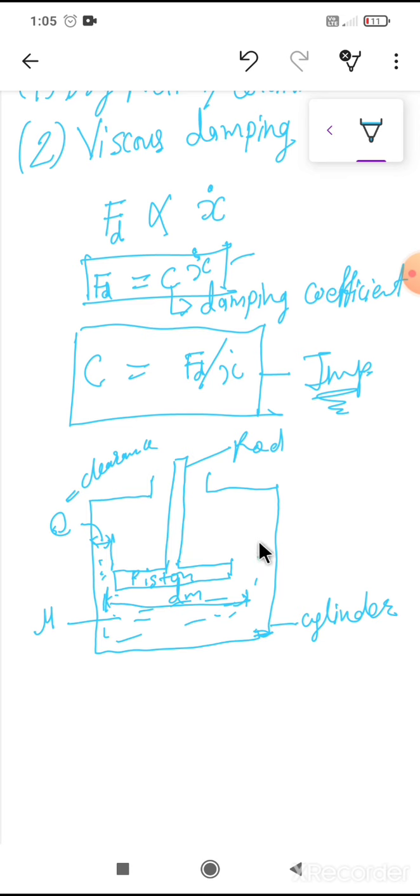If I want to find the value of C here, what will it be? If the clearance is small, the first two components can be neglected.